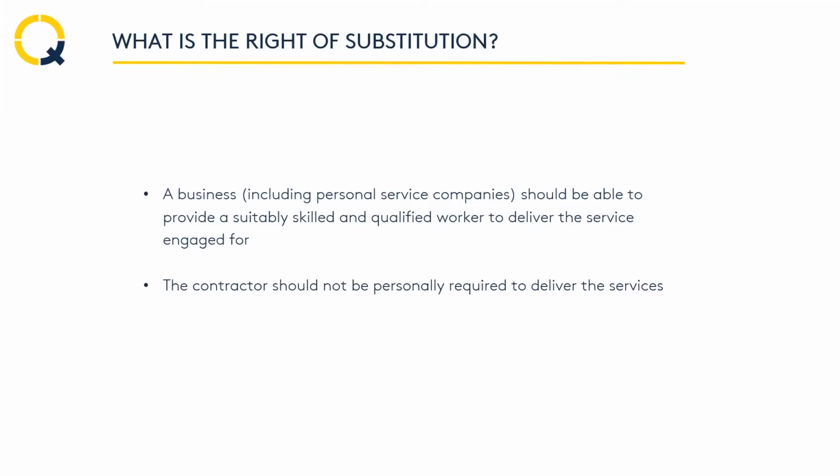So you can see why it's very important for clients and contractors to understand that when they enter into a contract for work, it's done on a business-to-business relationship. So it should be one business engaged in the services of another.